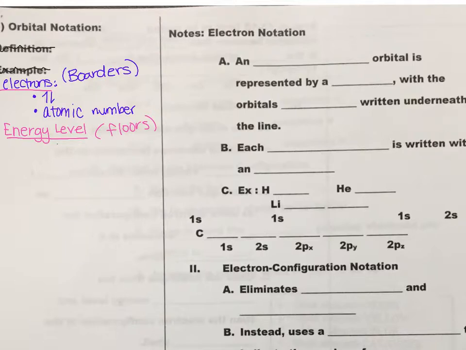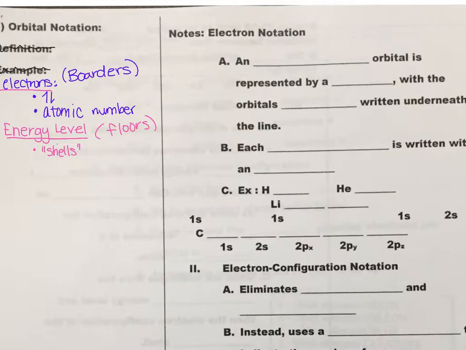When we get a little further in, especially when we talk about trends, you're going to hear me use the word shells. Because you can imagine if you were doing something like cesium, which floor are you on if you're in a house? For cesium, find it, Cs, on your periodic table.